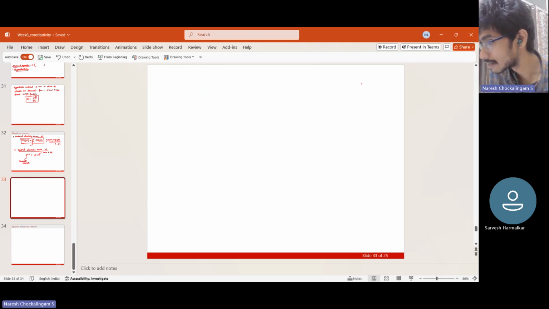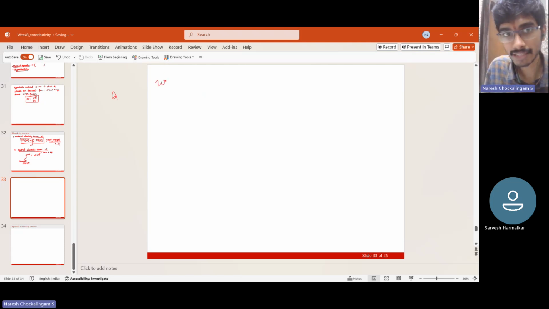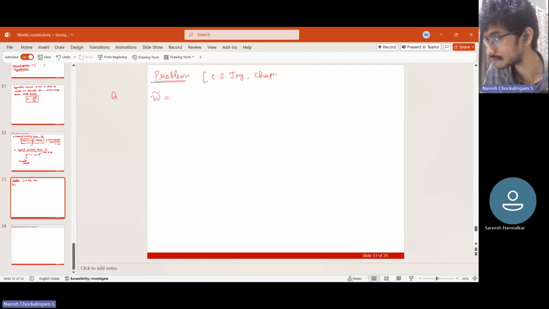It's called a Hencky material, right? So let us start with, yeah. There is the stored energy function for a material given. So this is a problem. The stored energy function for a material is given as, and this is from Professor C.S. Jog's Continuum Mechanics book, chapter on nonlinear elasticity.